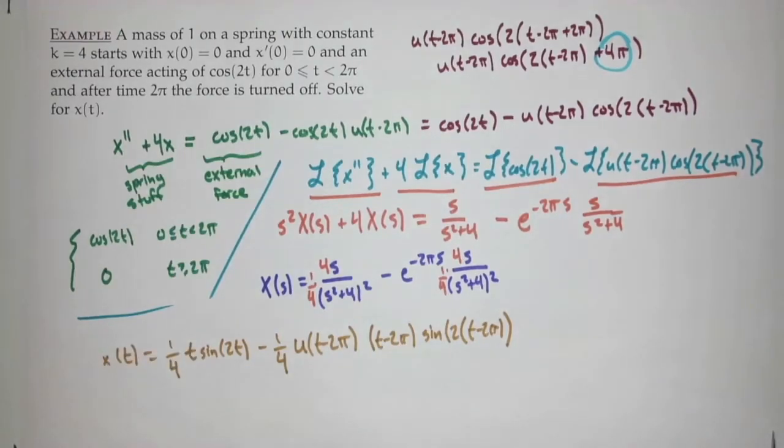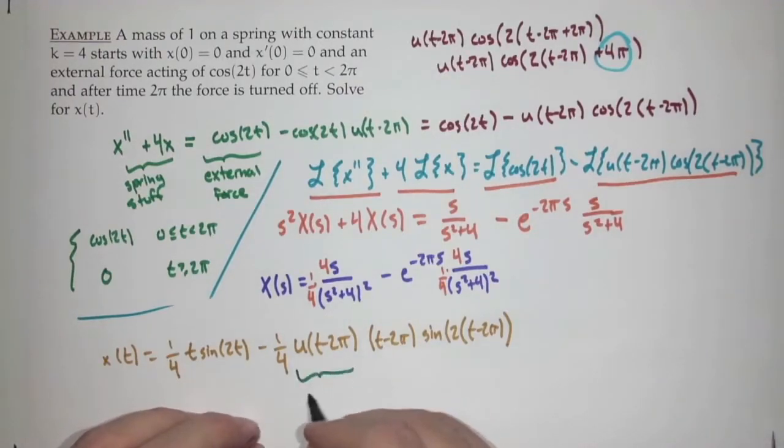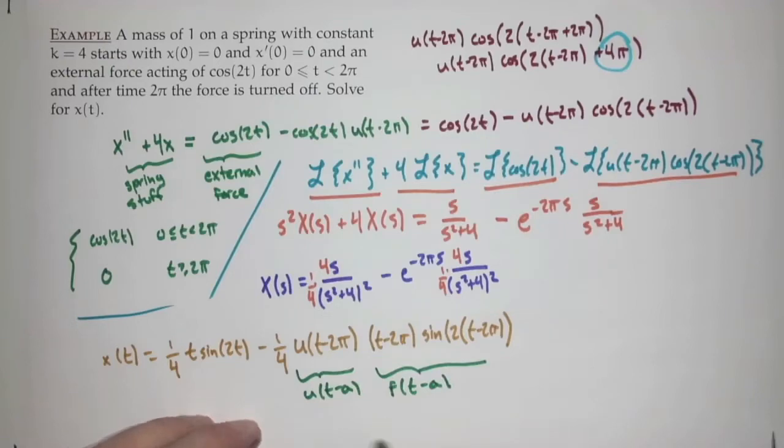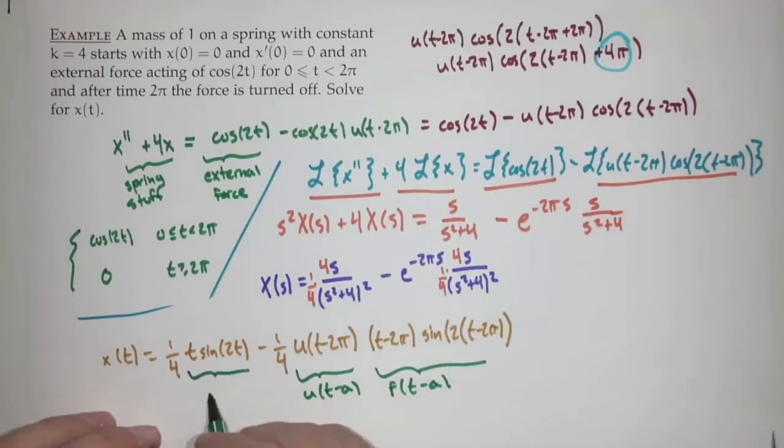So if you think about the rules, this first part is our u of t minus a. This second part is our f of t minus a. And here, this would be our f of t for comparison. So it's the right rule. Now this is the right answer.